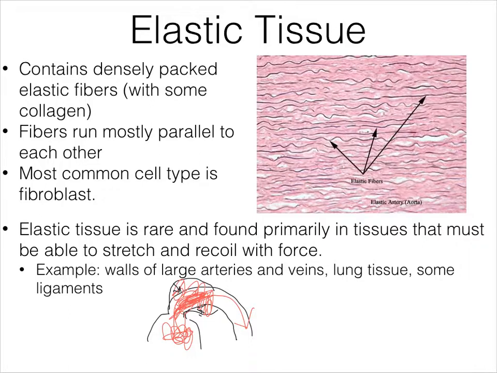You'll also find some elastic tissue in ligaments. Ligaments in general have more elastic fibers than tendons do. That's because tendons are used to move bones.